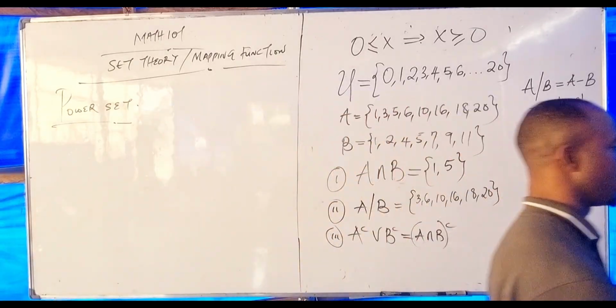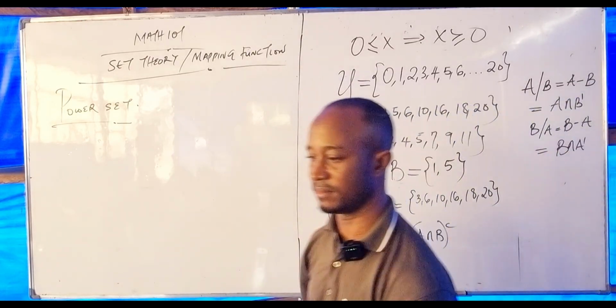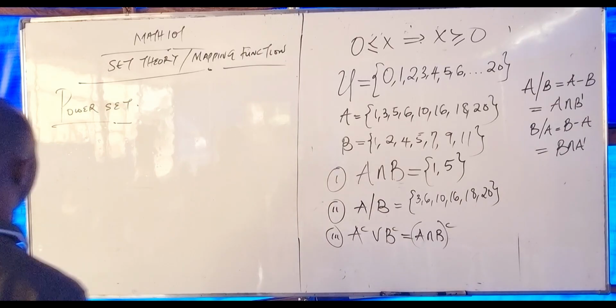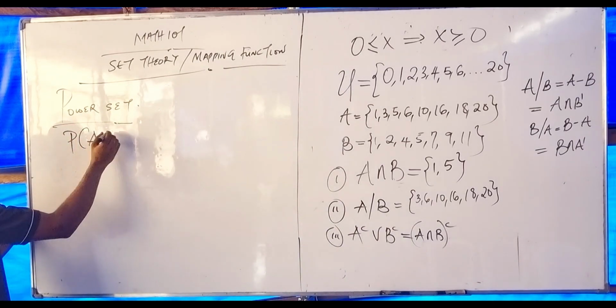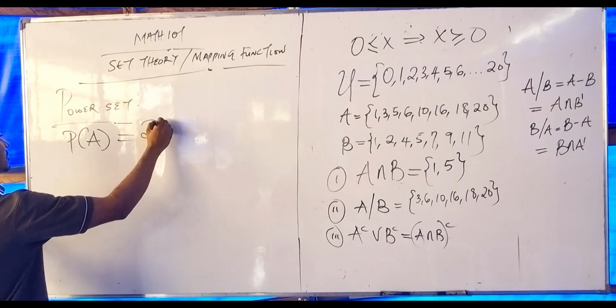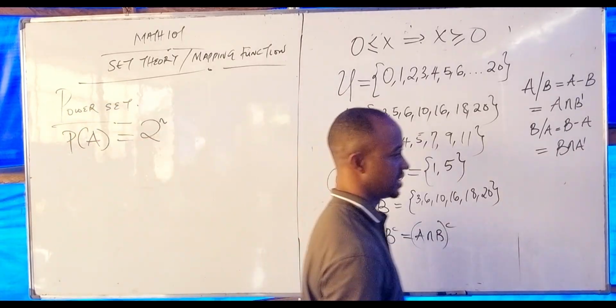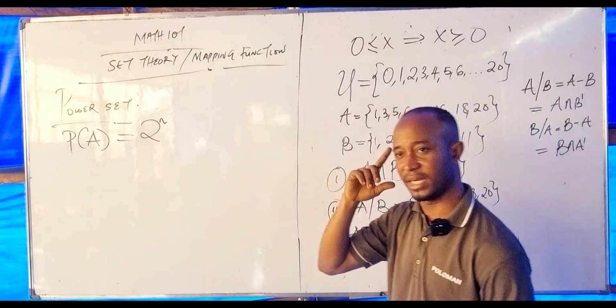Power set of a given set, or power set of set A, is given as P of A equals 2 raised to the power N.